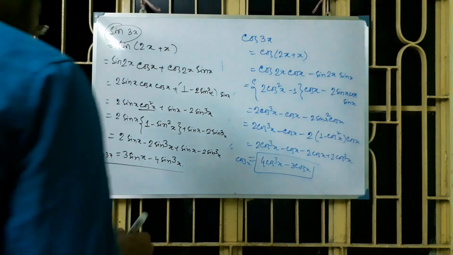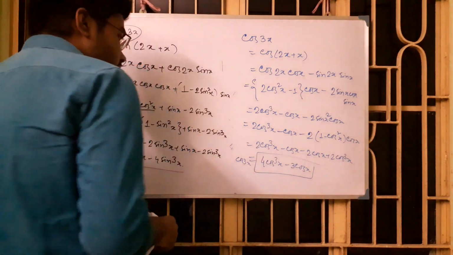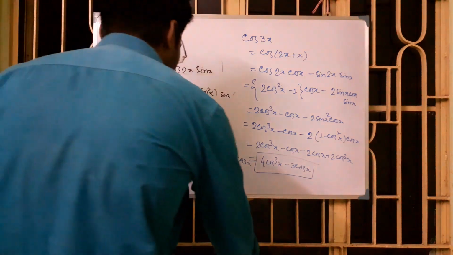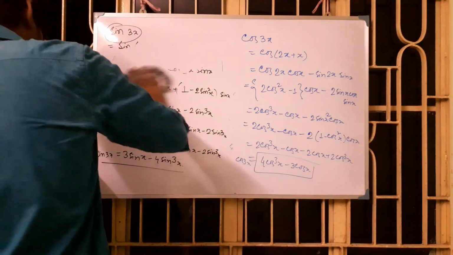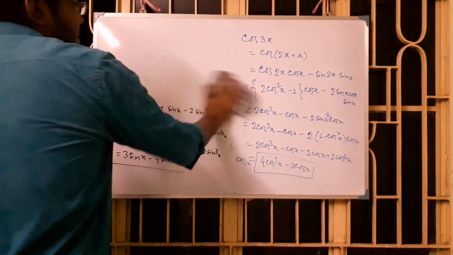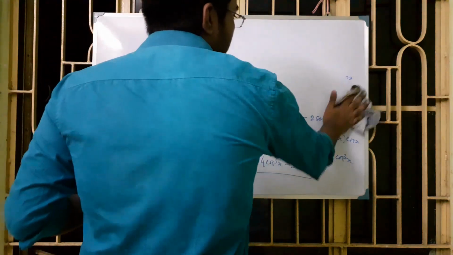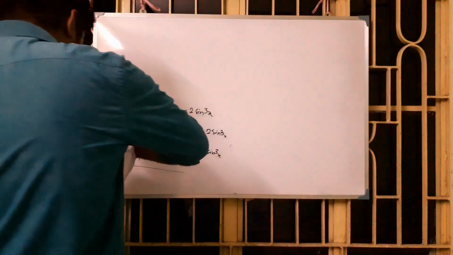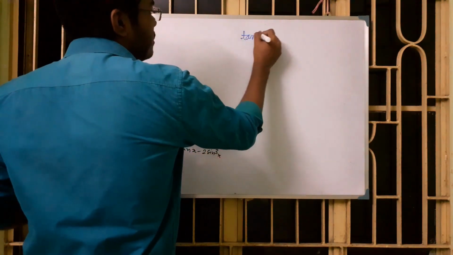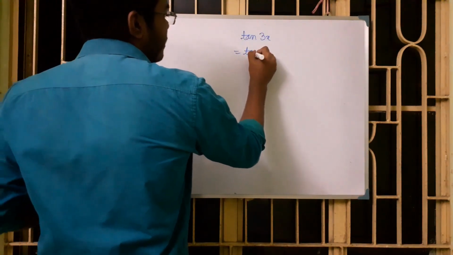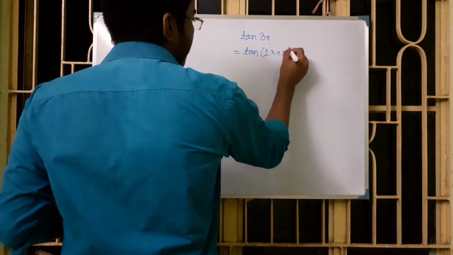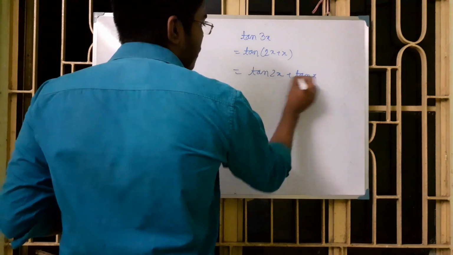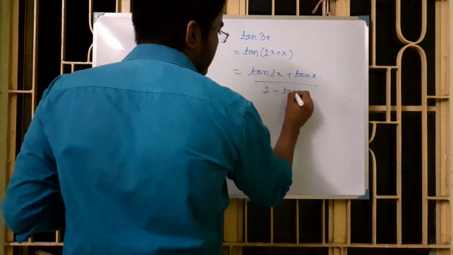Now this is about sin 3x and cos 3x. Now we have to derive the value of tan 3x. Tan 3x is much more easy. So tan 3x equal to tan 2x plus x. So tan x plus tan y upon 1 minus tan x tan y.